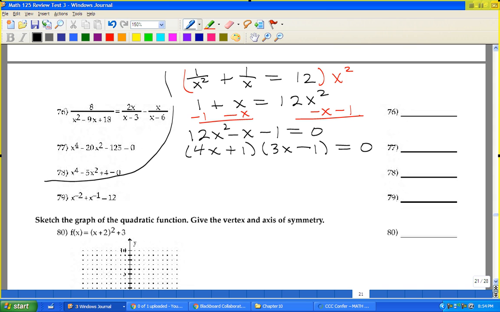Okay, good. So let's set each factor equal to 0 and solve for x. And so 4x plus 1 is 0, or 3x minus 1 is 0. Subtract 1 from both sides. Divide by 4. Add 1 to both sides.